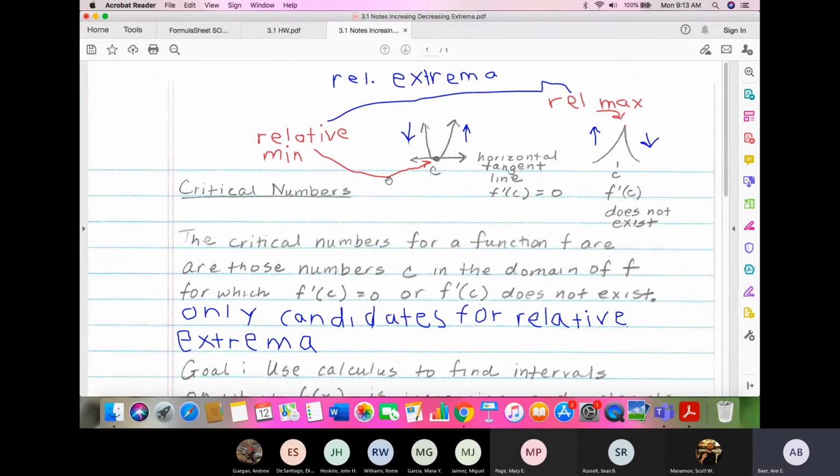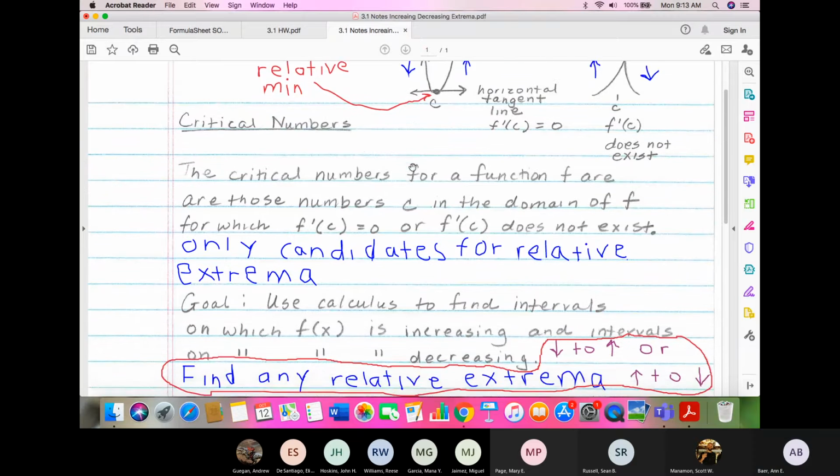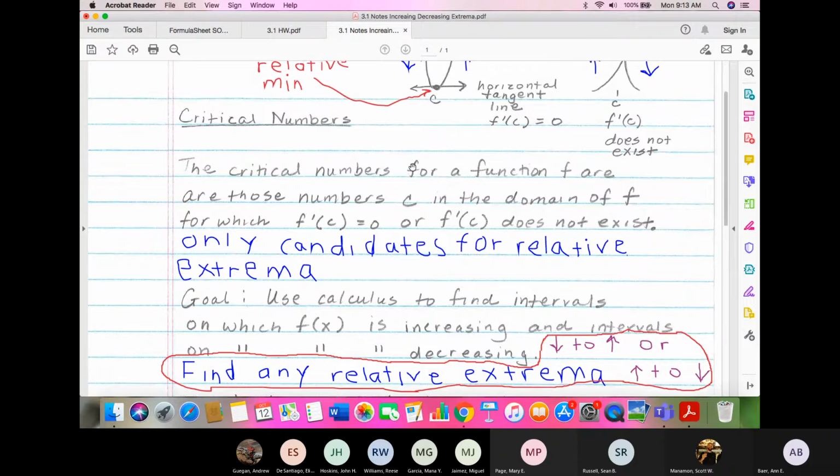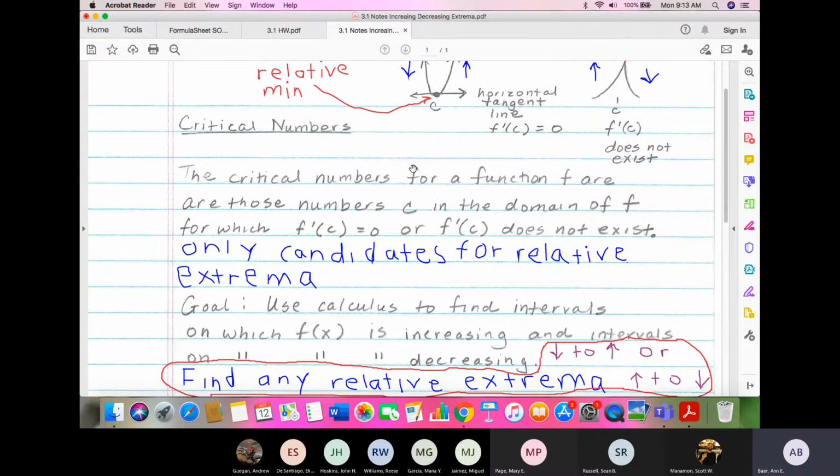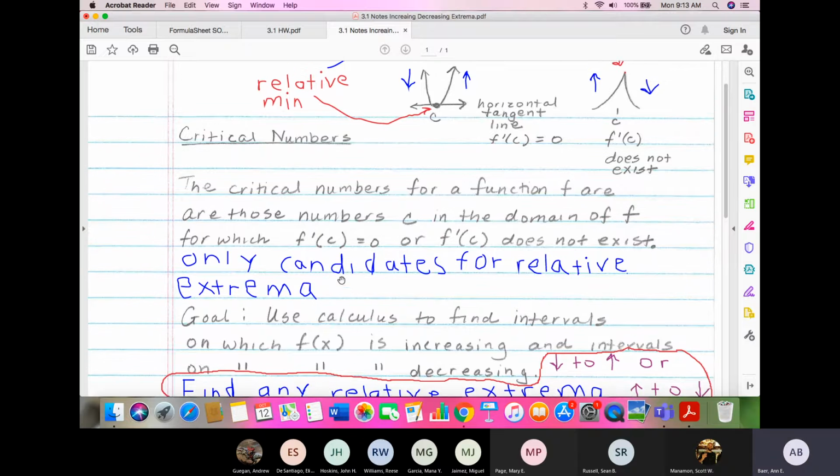Why do we study relative extrema? Or why do we look at critical numbers? We look at critical numbers because they are the only candidates for relative extreme points, relative extrema. That's why we look at critical numbers.